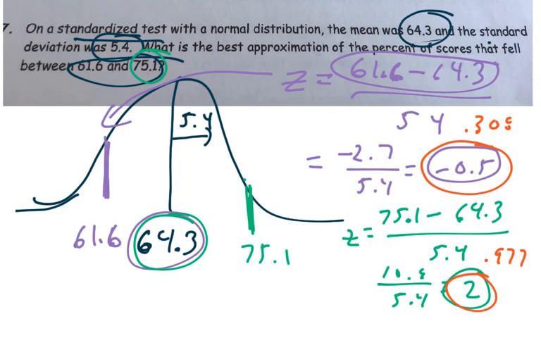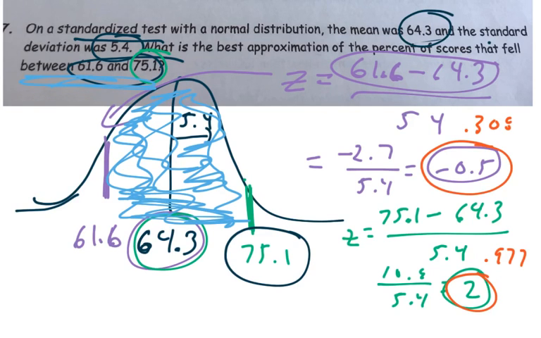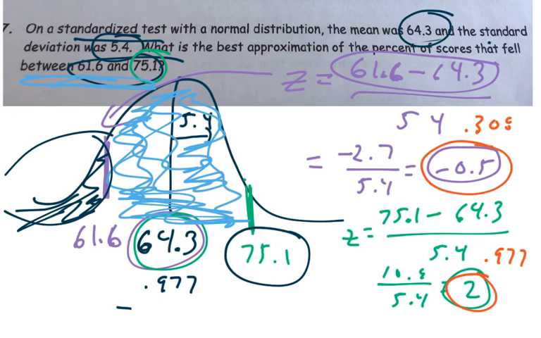Now, the question is, what percent of the scores fell between the two? So guys, we want everybody that's between these two scores. How do I figure that out? Well, I'm going to take the score for 75.1, which is 0.977, and subtract this part here, which came from the 61.6, the lower end, which again was 0.308.